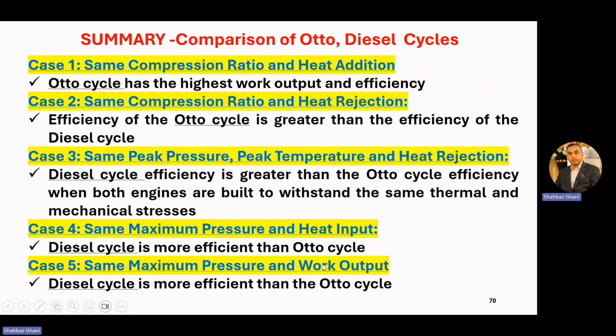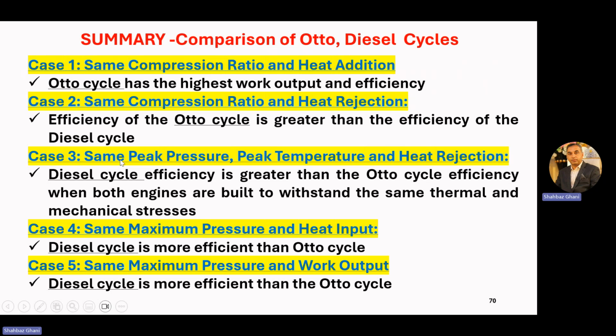So now to sum up the summary of all the 5 cases: when we have same compression ratio and heat addition, the Otto cycle has the highest work output and efficiency. In the second case, when we have same compression ratio and heat rejection, the efficiency of the Otto cycle is greater than the efficiency of the diesel cycle.